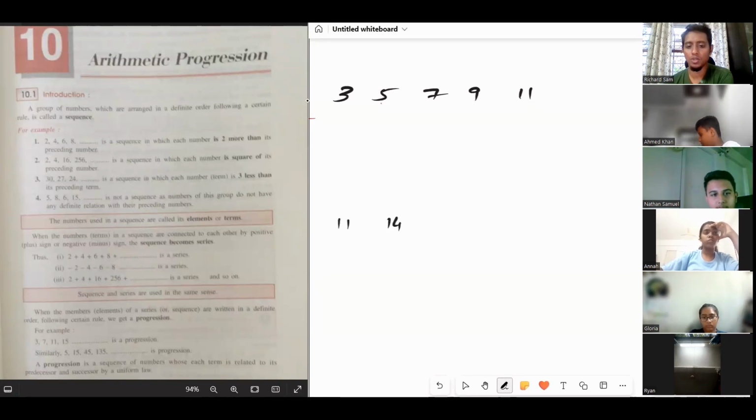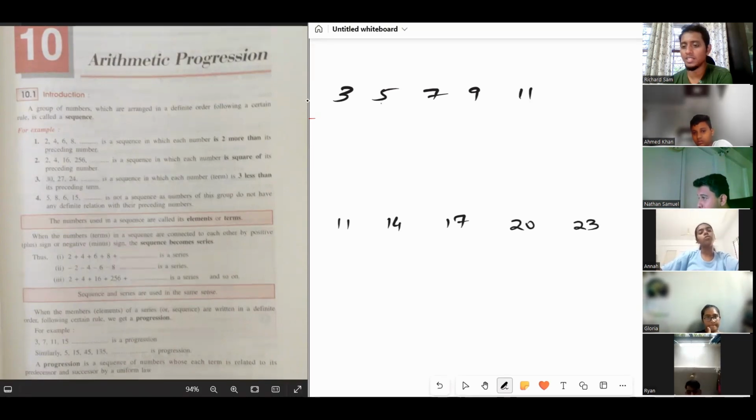Okay. I'll give you another arithmetic progression. 11, 14, 17. Now you tell me what's the next number in the series. 20. Next, 23. So you understood the difference over here is how much? 3.